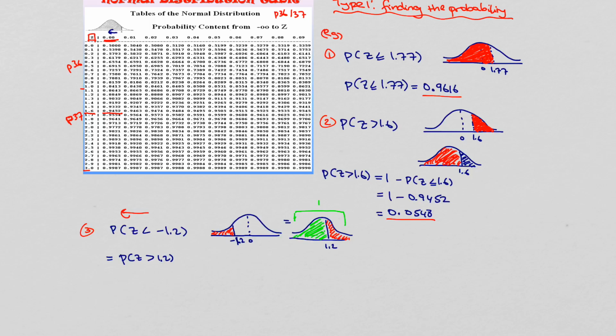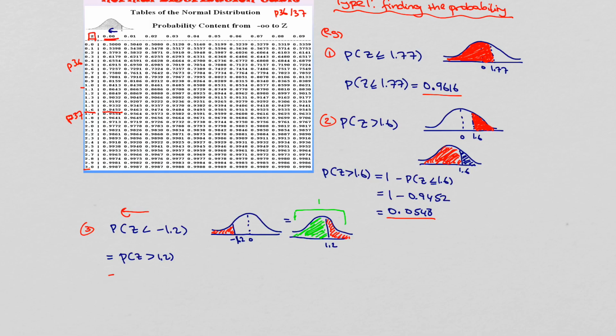So if I get the probability that Z is less than or equal to 1.2 and I subtract it from 1, then I'm left with the red bit, which is greater than 1.2. And greater than 1.2 is the same as less than minus 1.2. So if I write that down, that's equivalent to 1 minus the probability that Z is less than or equal to 1.2.